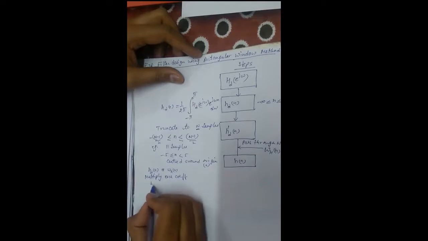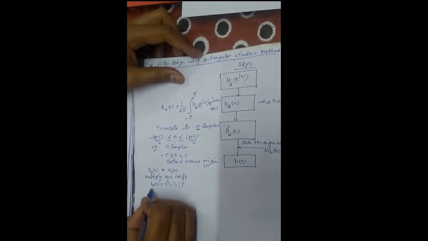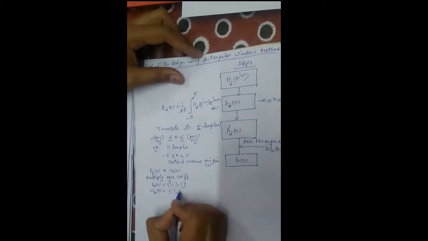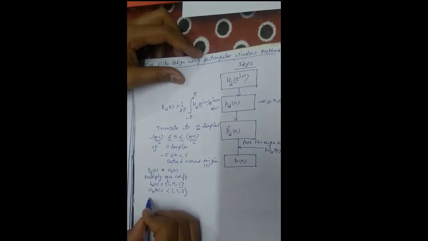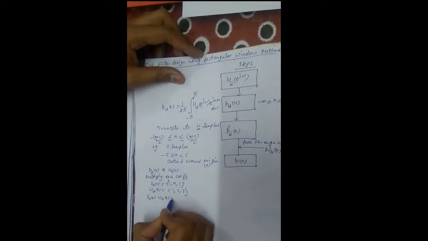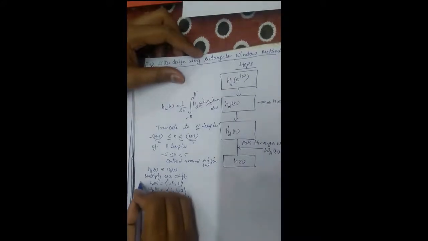Suppose hd[n] is 1 1 1 and w[n] is 1 2 3, for example, then the multiplication will yield 1 into 1 is 1, 1 into 2 is 2, 1 into 3 is 3, for example.